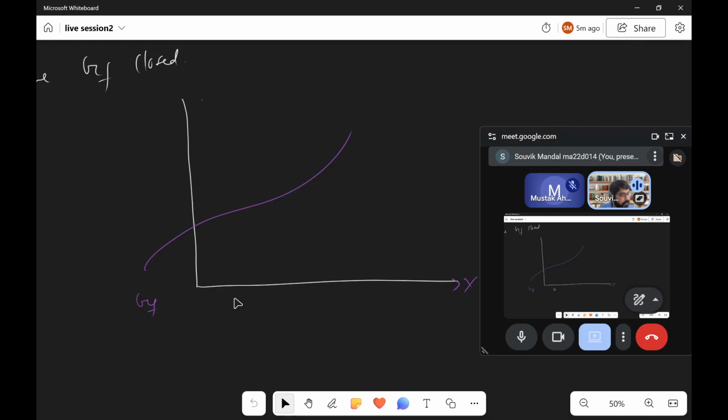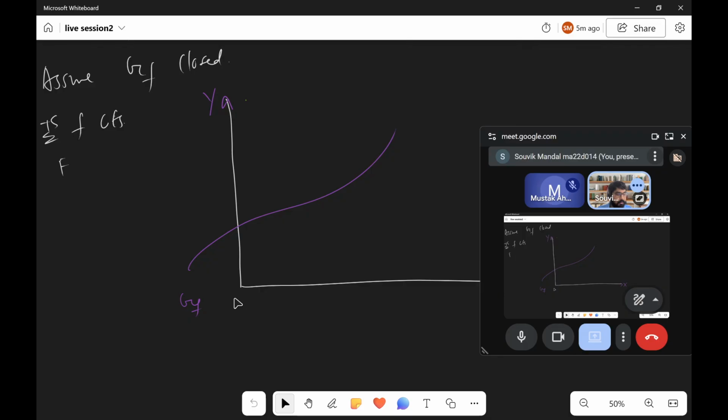We have some X, we have some Y. Now the graph of f is closed. What do we need to show? We need to show f is continuous. That is, we need to show the inverse image of a closed set is closed, correct?